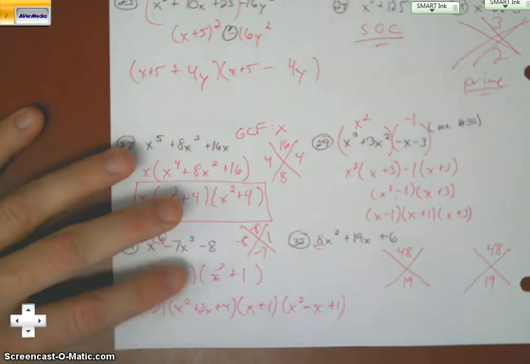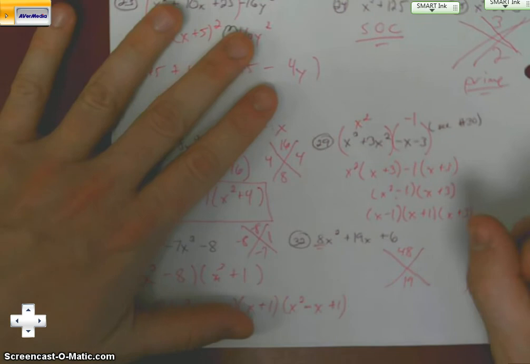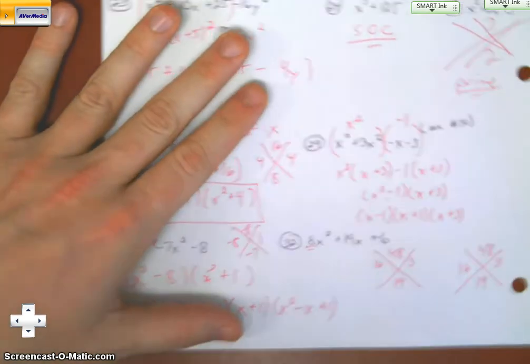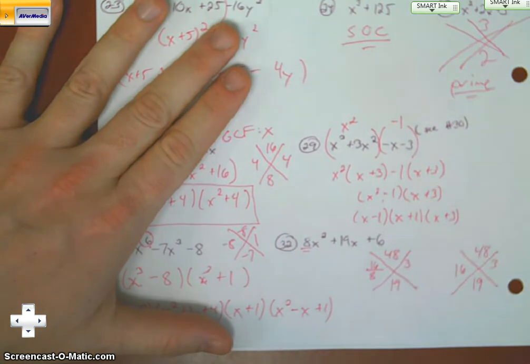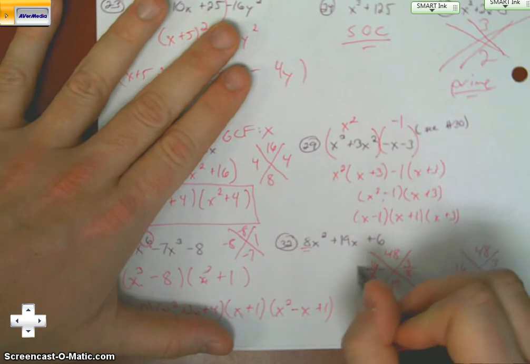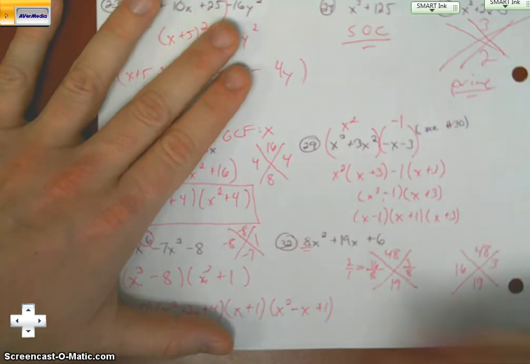What multiplies to make 48 and adds to make 19? 16 and 3. And the way I showed you, later on in the year we took that leading coefficient and then we reduced if we could. So this guy slides out. This guy slides out.